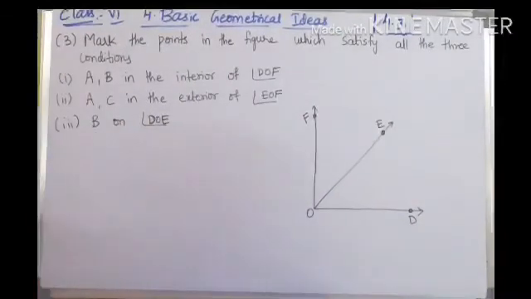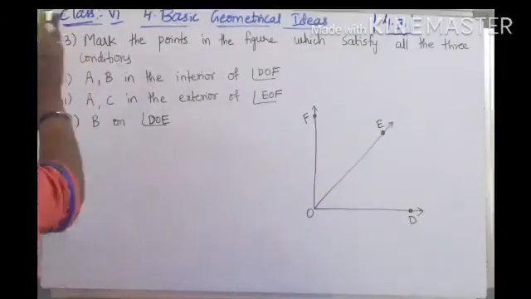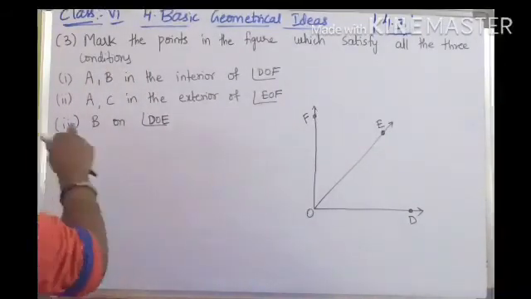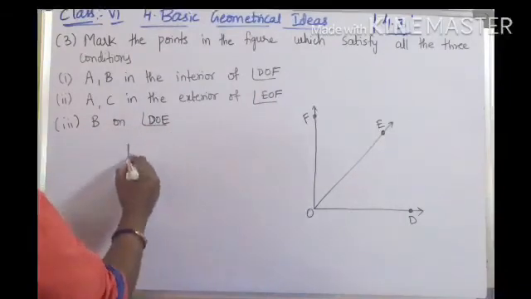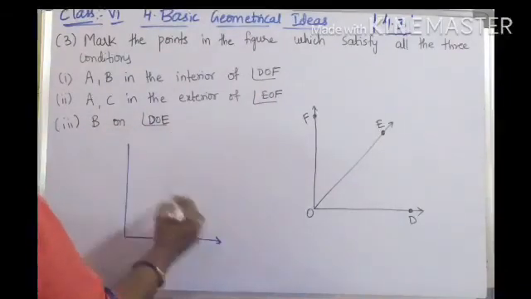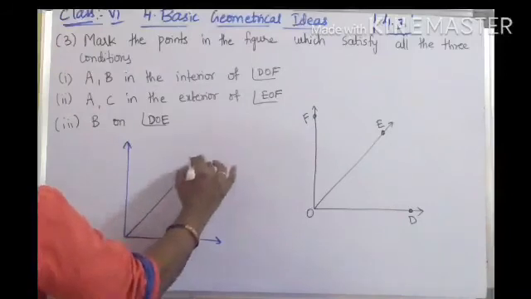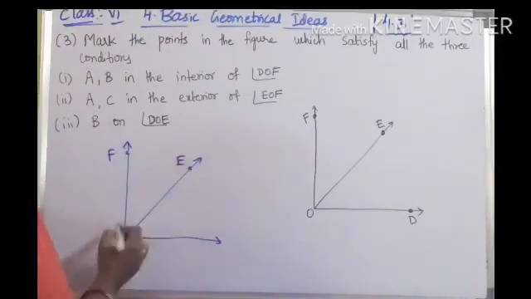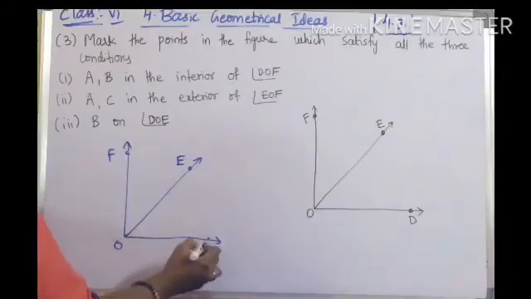In this particular sum, if you go from the third one, it is very easy for you, children. So first I am going to do the third one, that is B on DOE. Here I am showing the two ways, children, and we will see which is correct, okay. So I am drawing one more figure, here F, here E, here O, here D, okay.